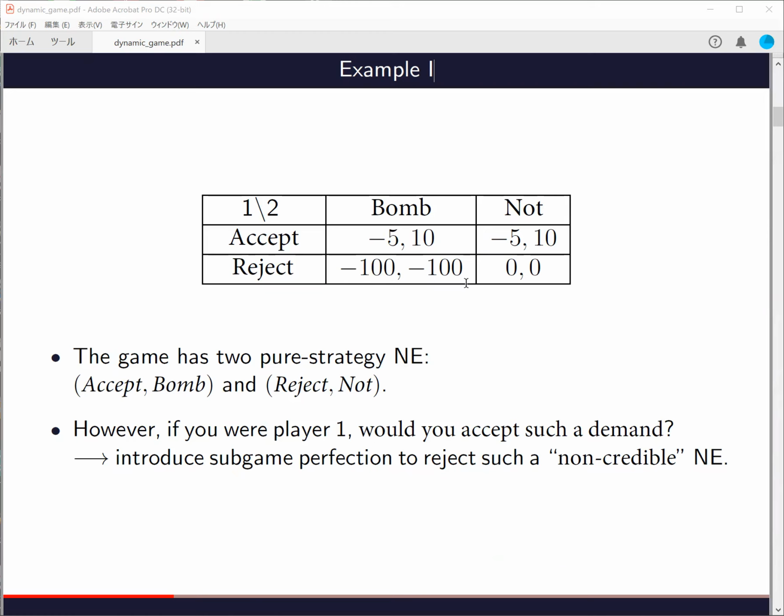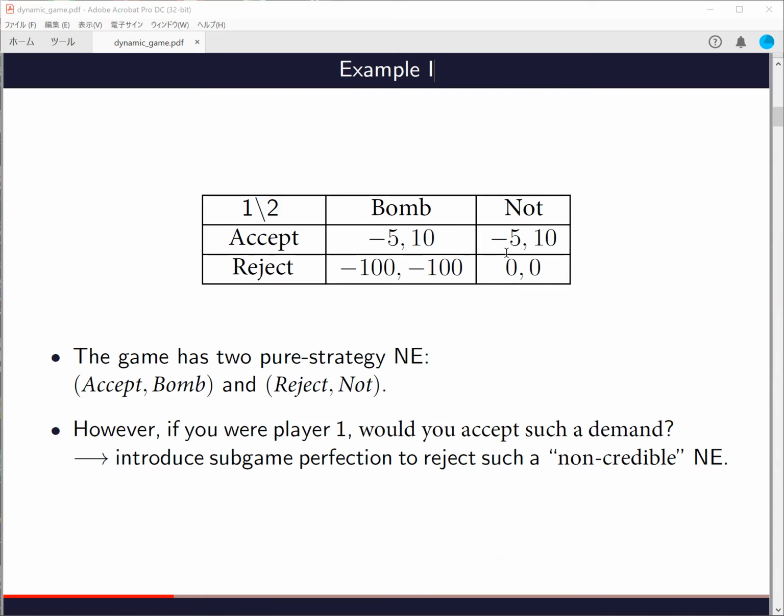If player 1 rejects the demand and player 2 does not blow up the bank, then both players survive and receive payoff of 0. If player 1 accepts the demand and player 2 receives the money, then player 2 is happy receiving the payoff of 10, while player 1 is not so happy and his payoff is -5.